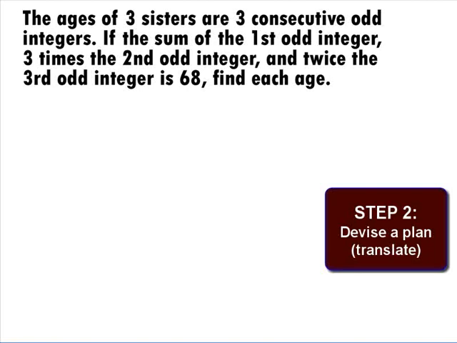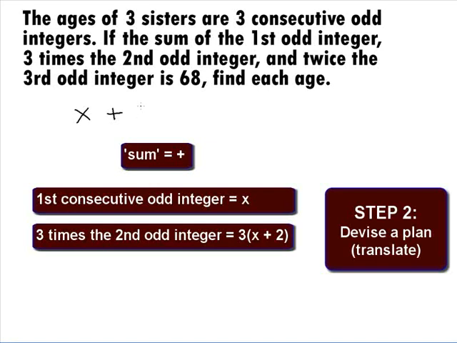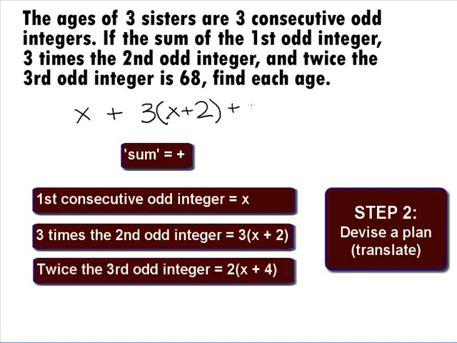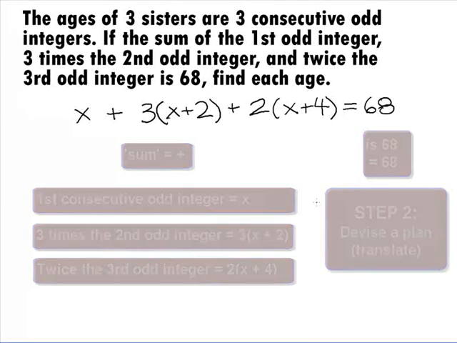Since we are looking at a sum of the first odd integer, 3 times the second odd integer, and twice the third odd integer is 68, we are going to add the first odd integer, which is x, plus 3 times the second odd integer, which would give us 3 times the quantity x plus 2, plus 2 times the third odd integer, which would give us 2 times the quantity x plus 4, equals 68.